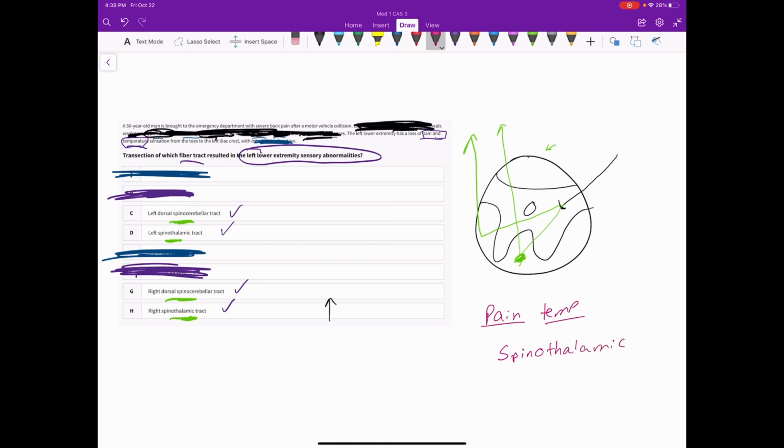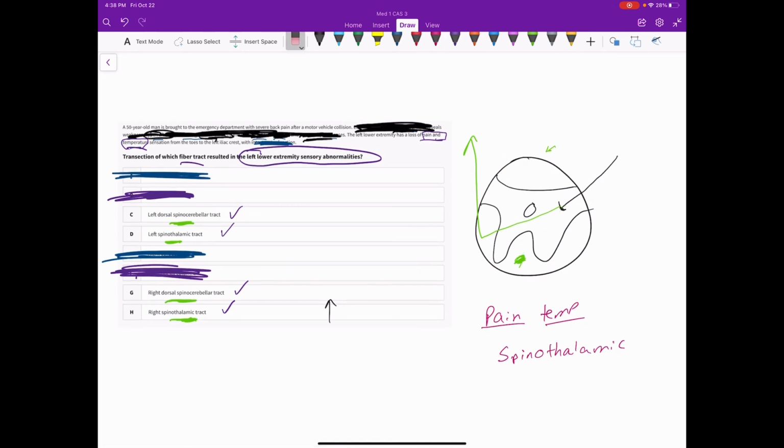So if it's the spinothalamic, how are we going to differentiate between left and right? We know it can't be cerebellar. We said it was spinothalamic. Now, if it's on the left side of the body, what does this mean? What does this tract even do? This tract is contralateral.